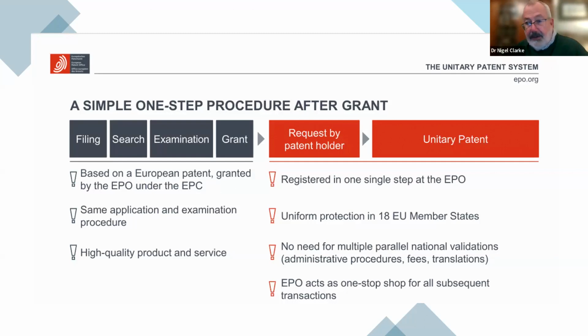And there's no need for any other validations, no need for parallel national validations. And in this case, the EPO acts as a one-stop shop for all of the other subsequent transactions, for example, collecting renewal fees.